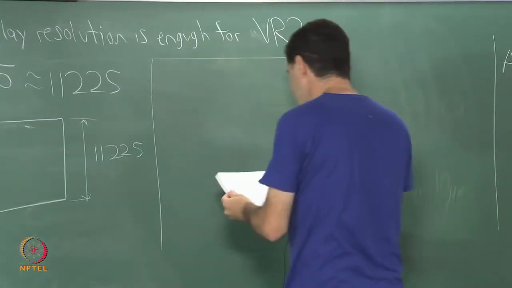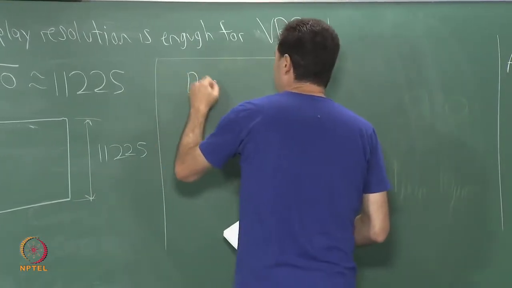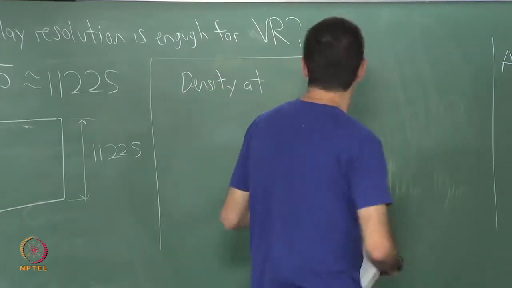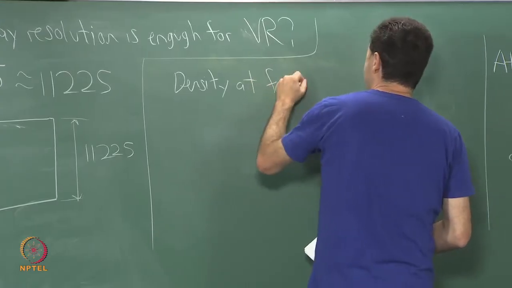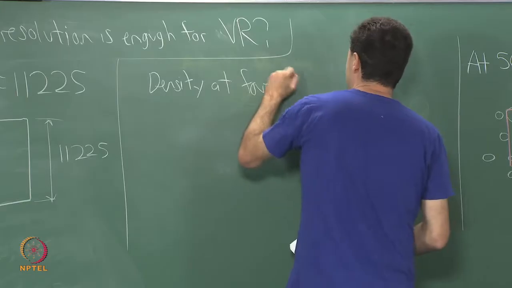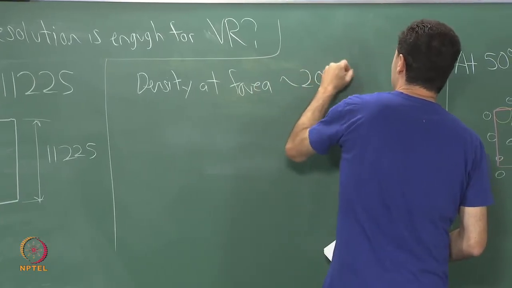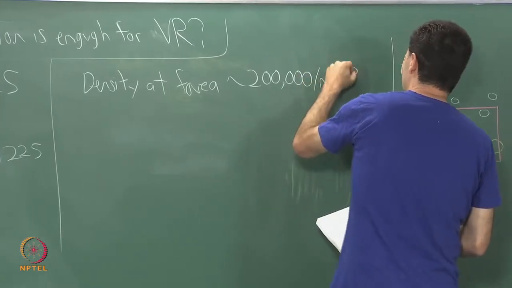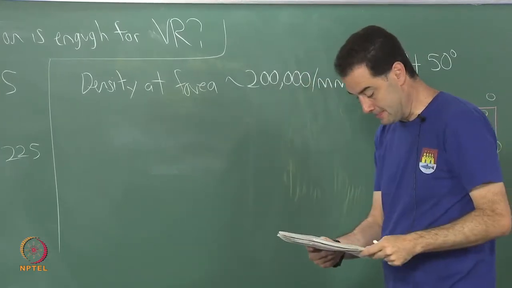more careful calculation. I could say the density at the fovea, and I'll even round up a bit, I'll say it's about 200,000 per millimeter squared. Right.